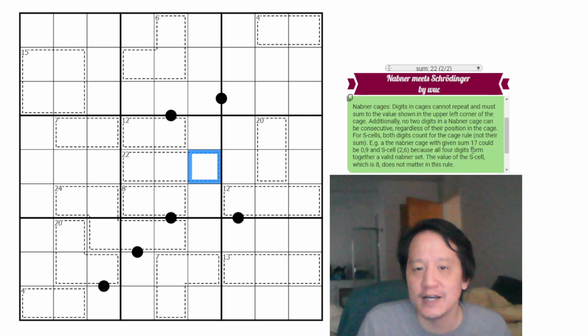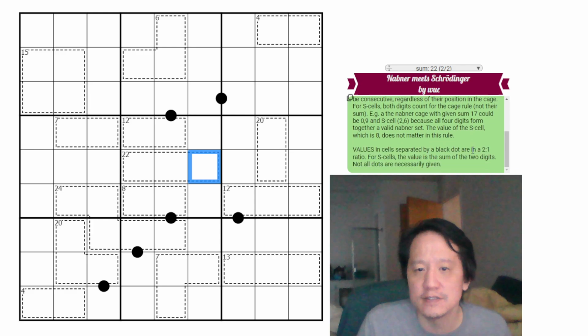The value of the S cell, which is 8, does not matter in this rule. Okay, so yeah. For Schrödinger cells, or S cells, the value is the sum of the two digits.